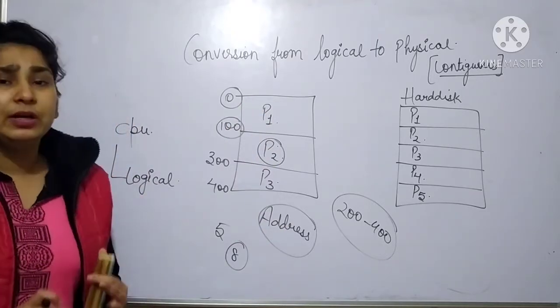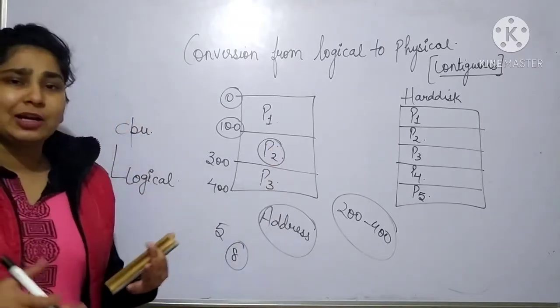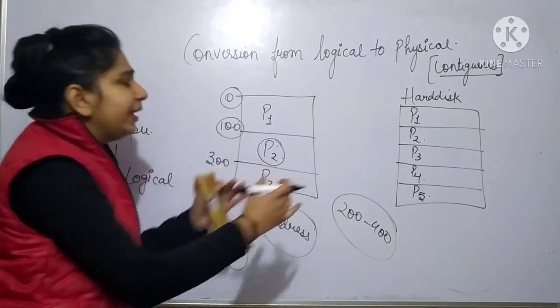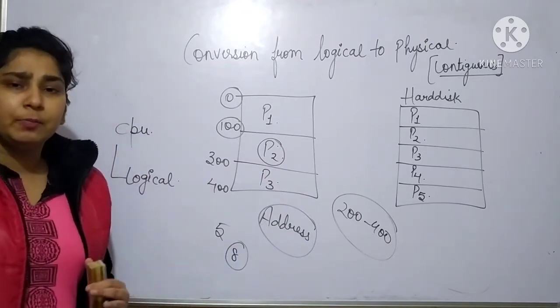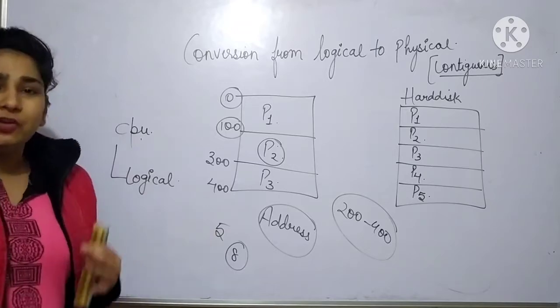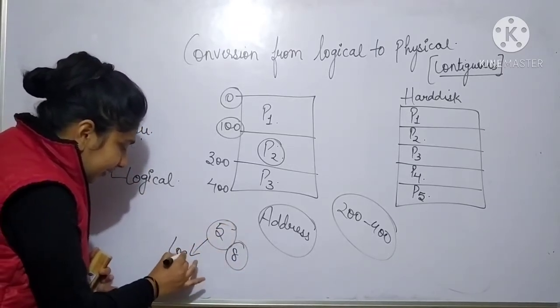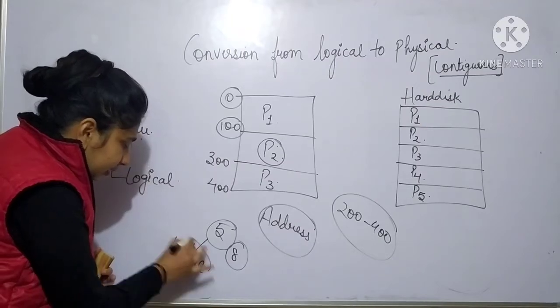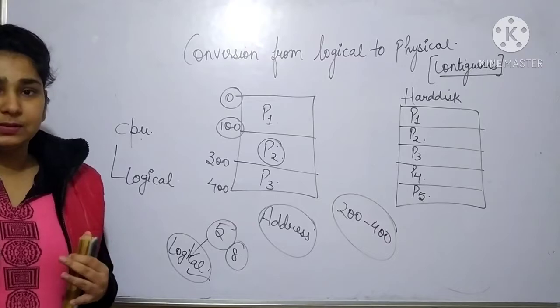It is not its headache where instruction 5 of process P2 is present in the main memory. So this instruction number which your CPU is generating, we call it a logical address.